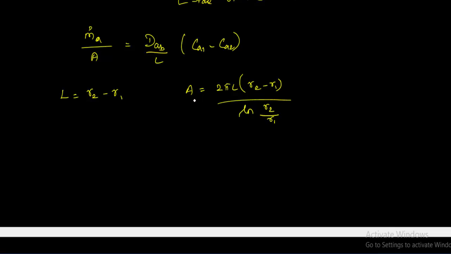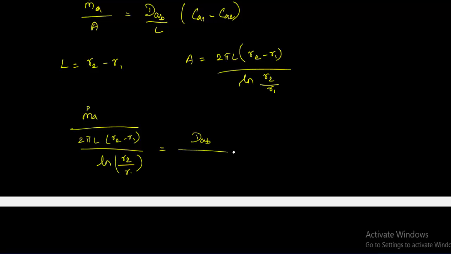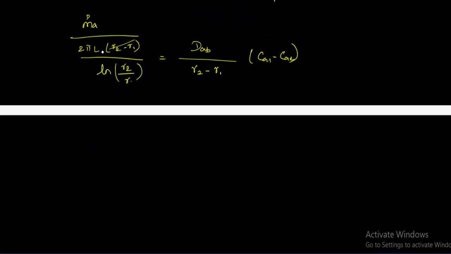Now I am going to substitute all the values here. m dot A divided by the area, 2 pi L (R2 minus R1) divided by ln(R2/R1), is equal to D_AB divided by (R2 minus R1) into (C_A1 minus C_A2). These R2 minus R1 terms get cancelled.